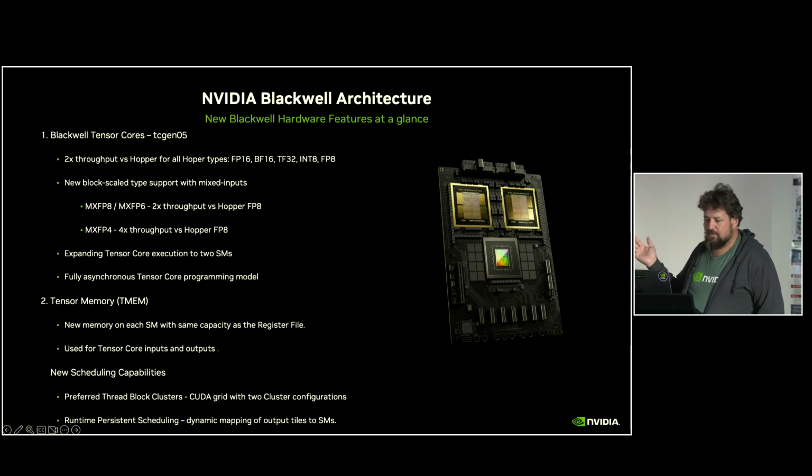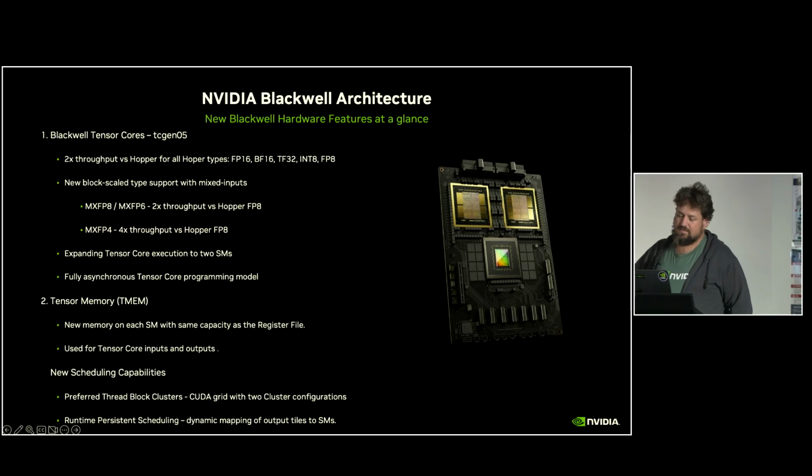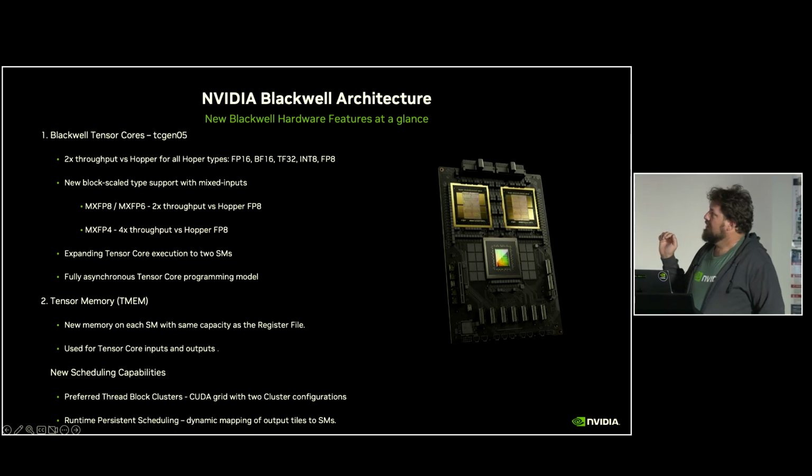It brings along 2x more throughput on data types like FP16, int8, FP8, TF32. These are not pandas data types anymore, right? So now we're getting down to fundamentally different ways of getting to smaller bits of data.